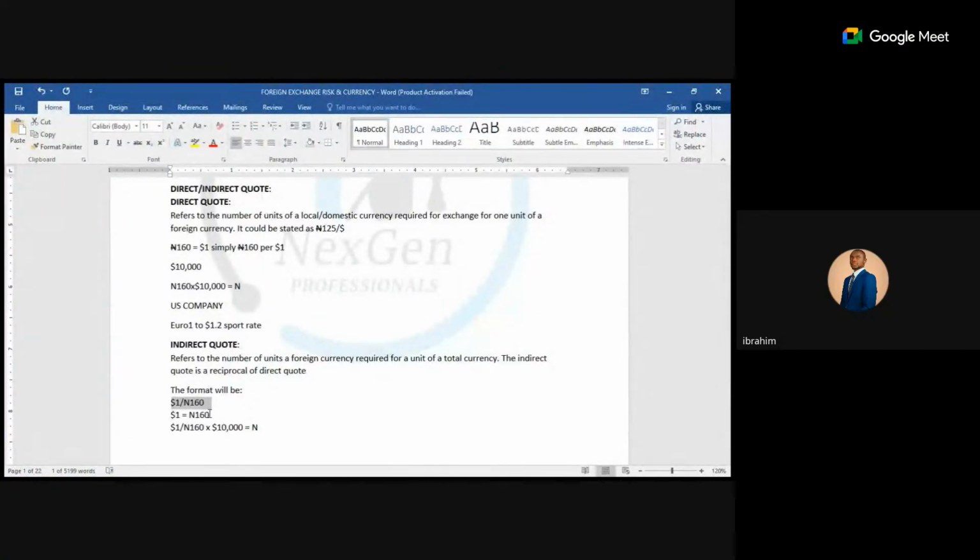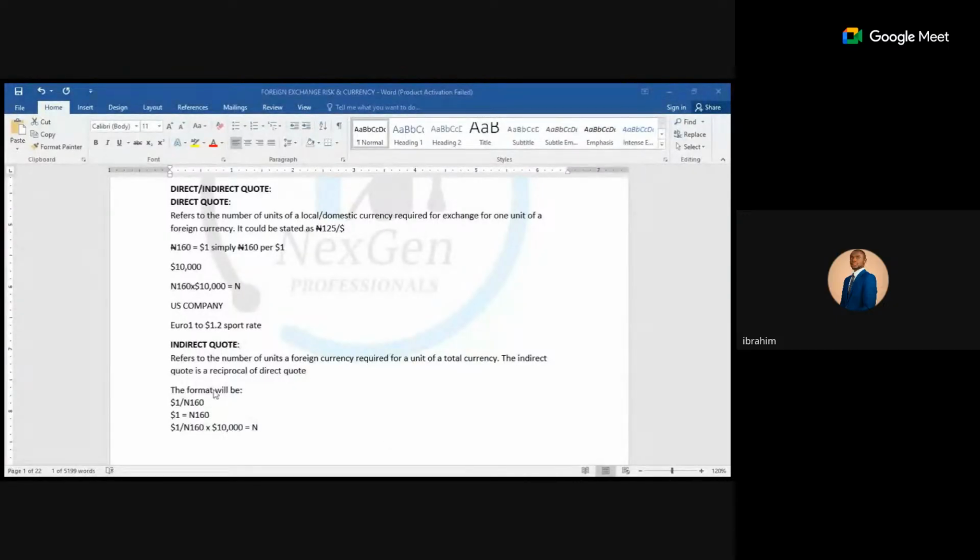And the company given to you in the question under the international investment is a Nigerian company, not a US company. Can you see the way they place the spot rate? The dollar comes first before the naira, and the company in question is a Nigerian company.